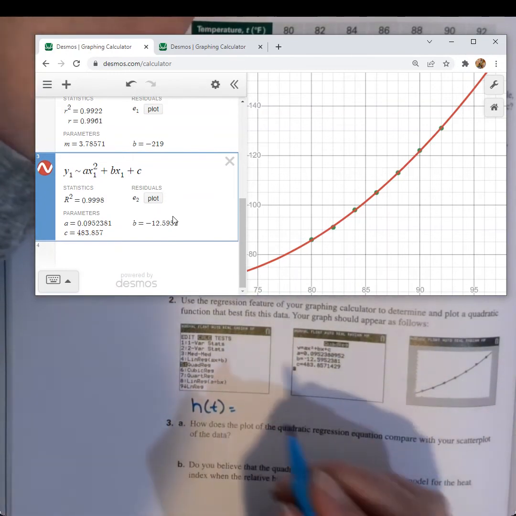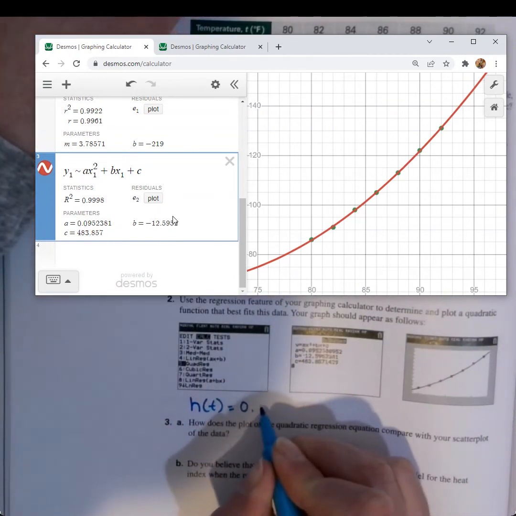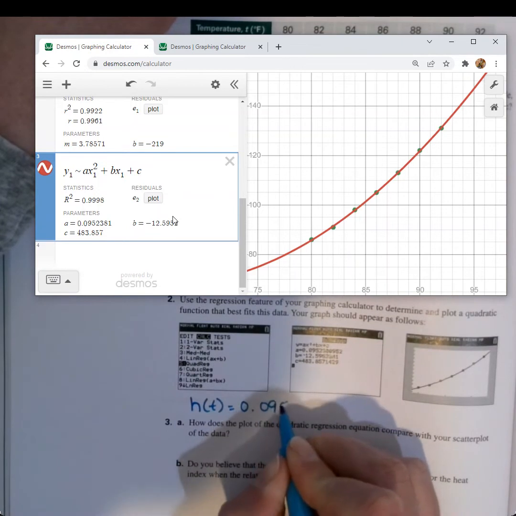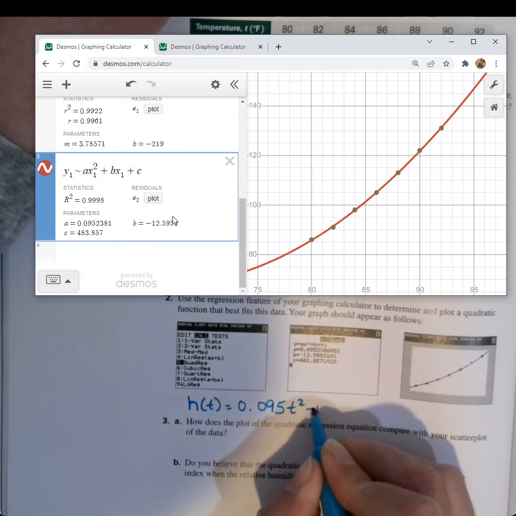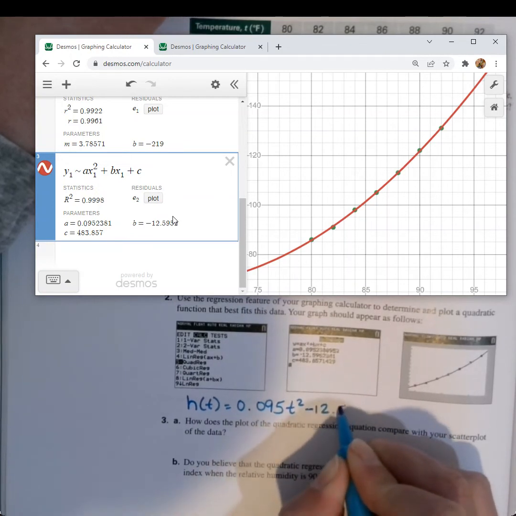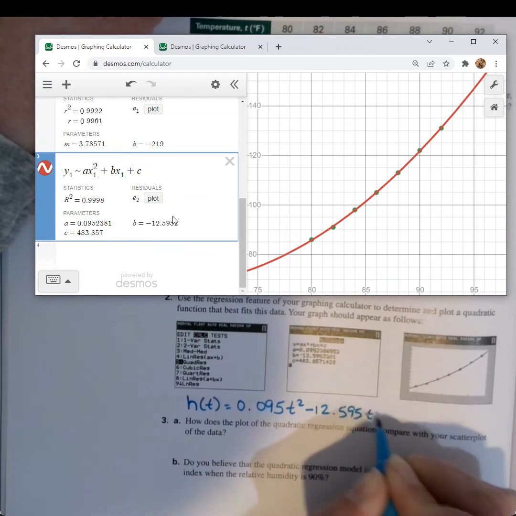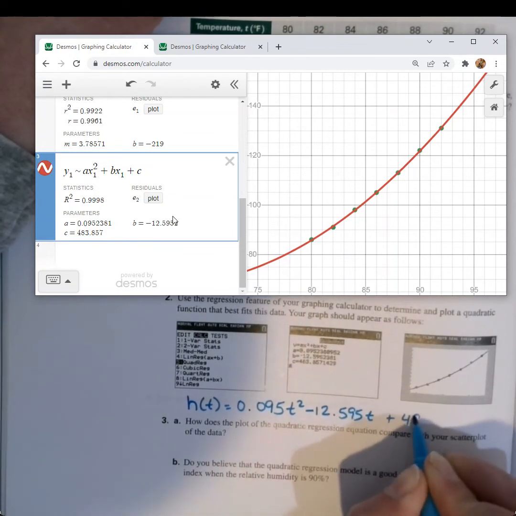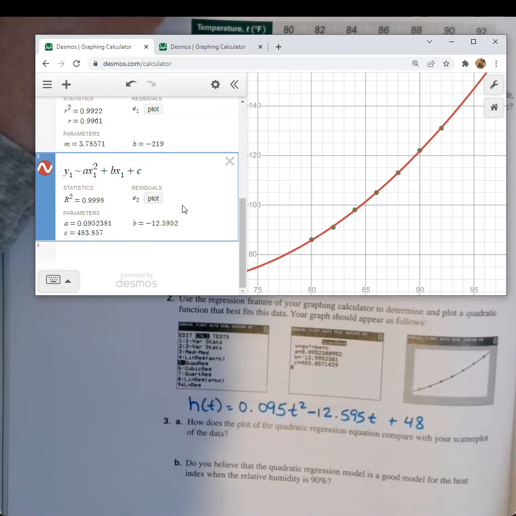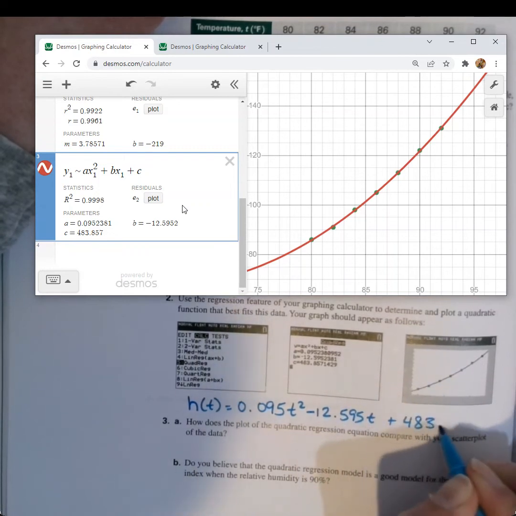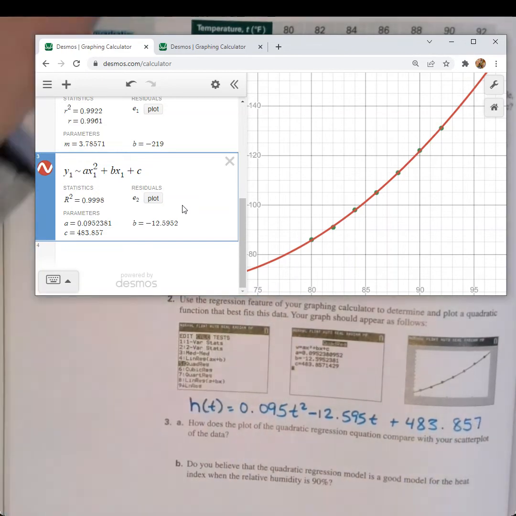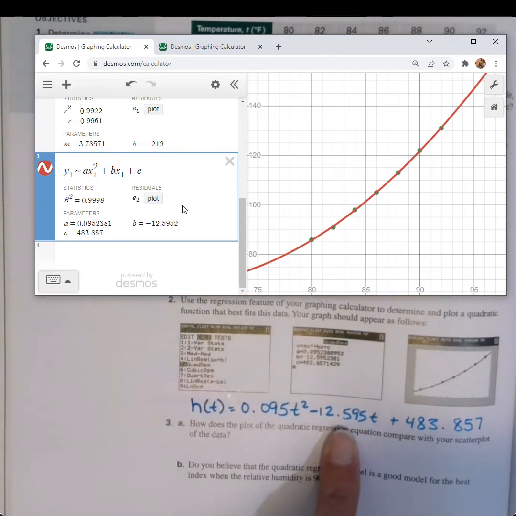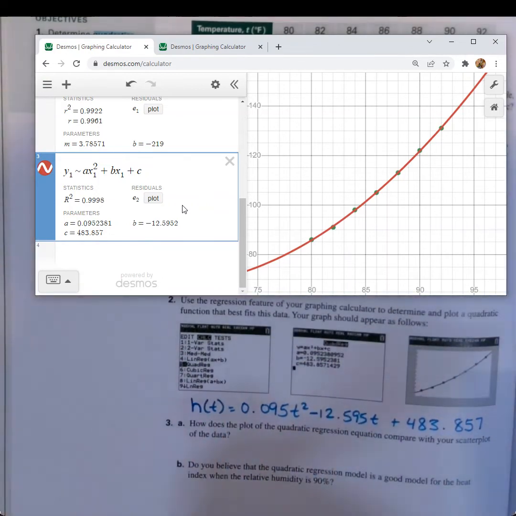Our a parameter is 0.095 T squared, plus our b parameter, which is negative, so minus 12.595 T, plus our c value, which is 483.857. Hopefully those match up with what we're seeing. I just rounded them to 3 places because I don't think they told me, so I picked 3 places.